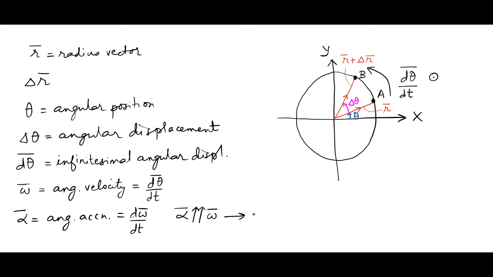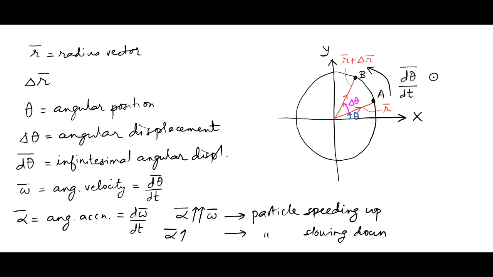This corresponds to the particle speeding up. On the other hand, if the particle is currently slowing down, then alpha bar doesn't help omega bar to grow. On the contrary, it decreases the length of the omega bar arrow, so alpha bar is in the opposite direction as omega bar.